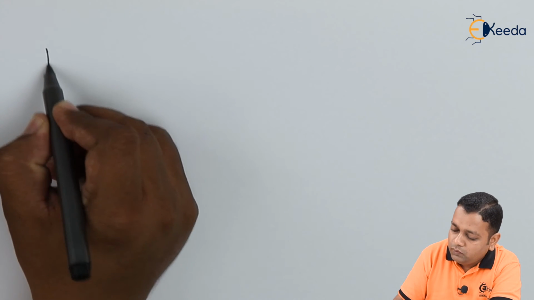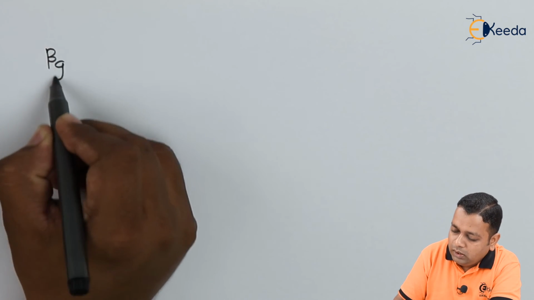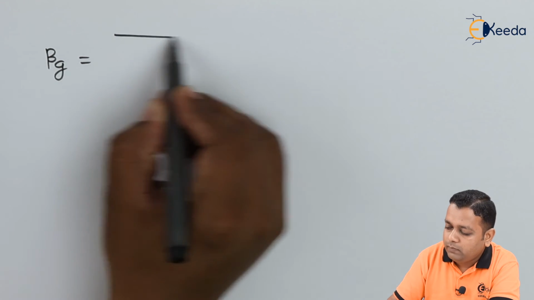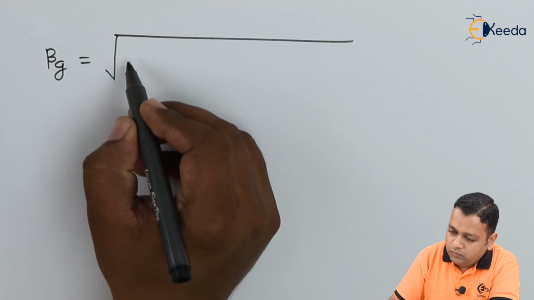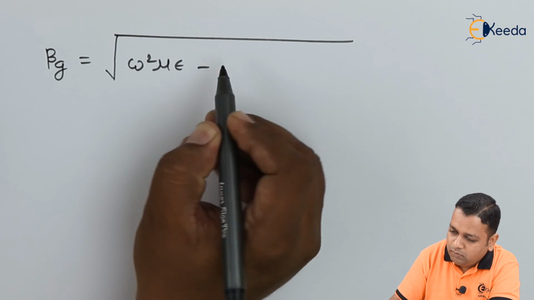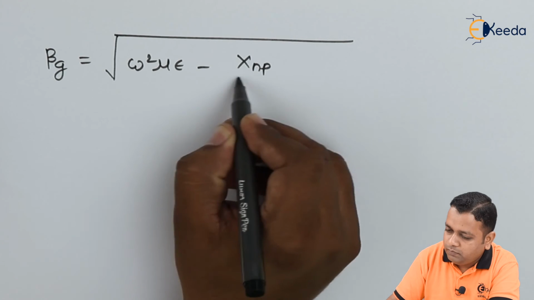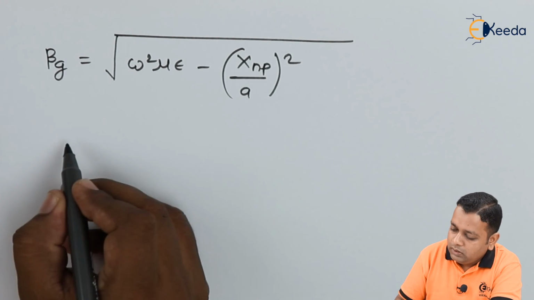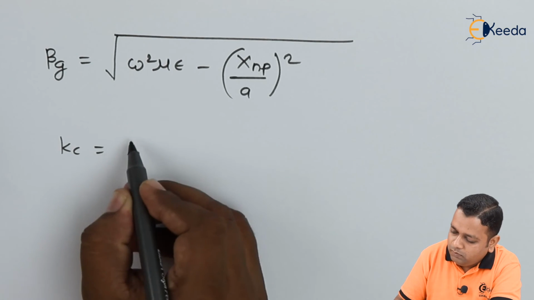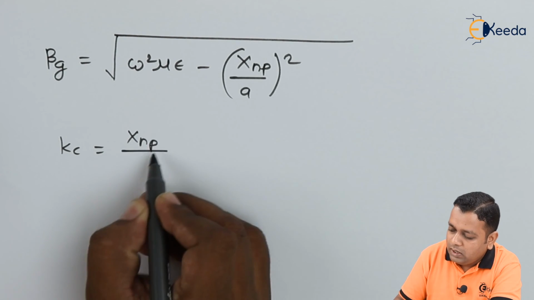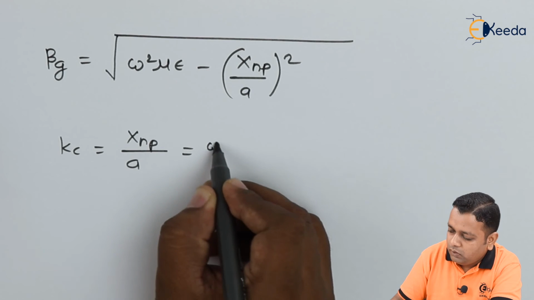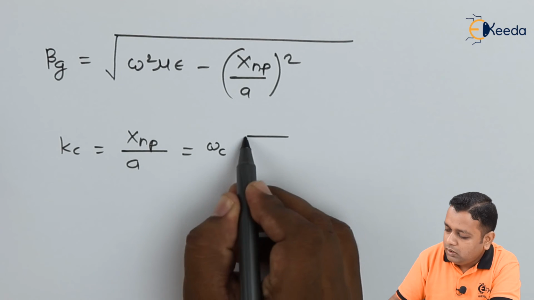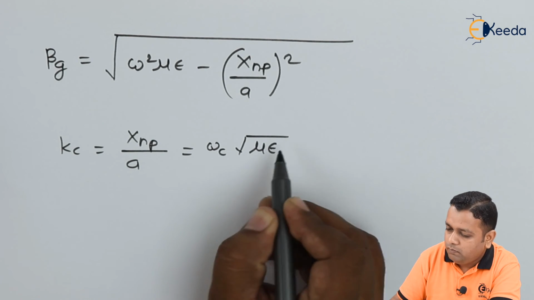Here we have the phase shift constant beta g accounting for the propagation, given by the square root of omega squared mu epsilon minus Xnp divided by small a, squared. Next we have kc, the wave number, which we just wrote as Xnp by a, obtained by omega c, the cutoff value, in multiplication to the square root of mu epsilon.